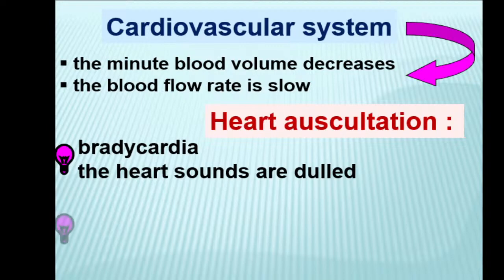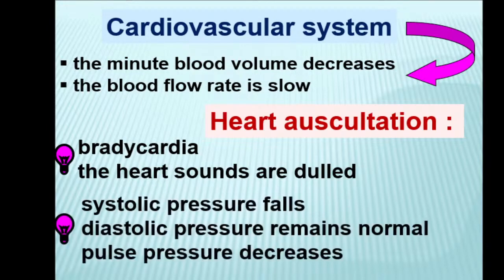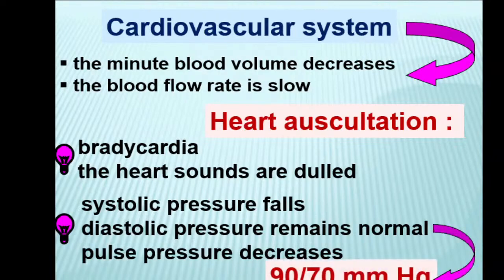Heart sounds become dull. Blood pressure decreases, especially systolic pressure. Diastolic pressure may be near its norm, but pulse pressure will be decreased. And we know that pulse pressure regulates filtration of urine, kidney activity. The patient feels subjective discomfort.